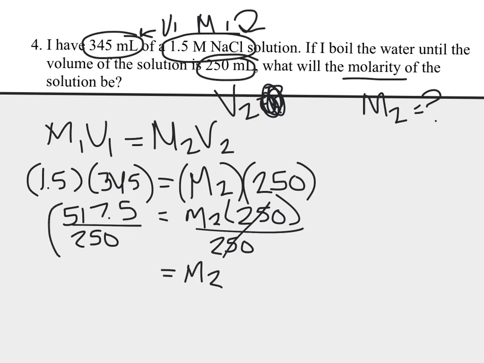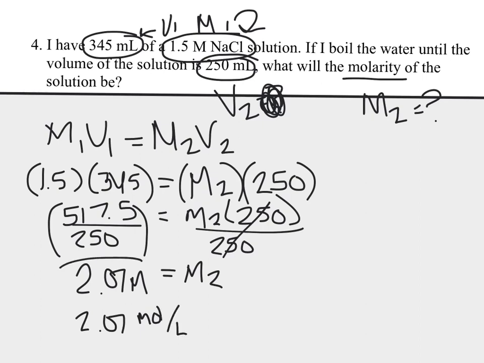And when I divide 517.5 divided by 250, I end up getting about 2.07 molarity for my answer. Now remember, the other unit for molarity, capital M, this is just a recap, is moles per liter. So either way, 2.07 M, capital M, or 2.07 moles per liter is acceptable.